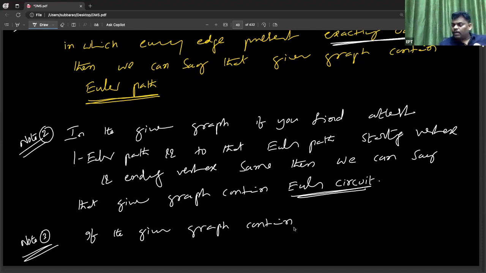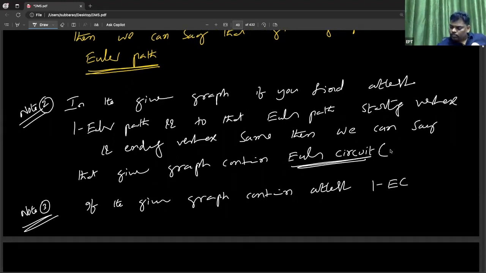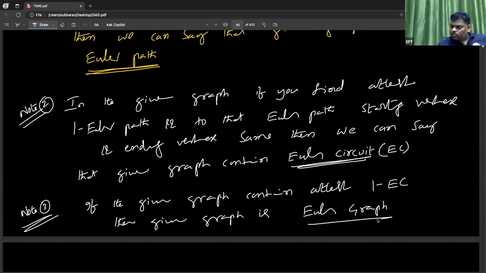Careful, if the given graph contains at least one Euler circuit, then the given graph is an Euler graph. This is the way of checking whether the given graph is an Euler graph or not.